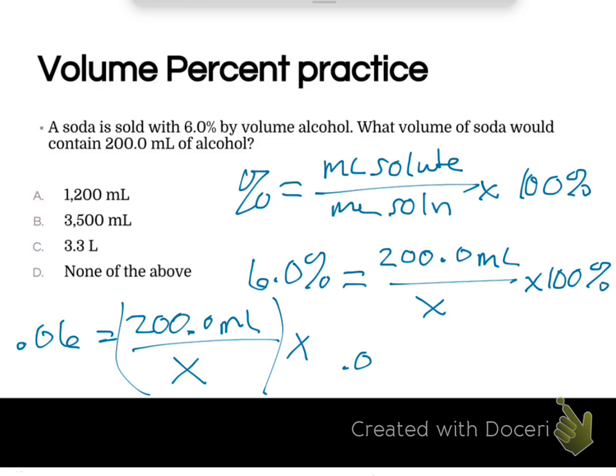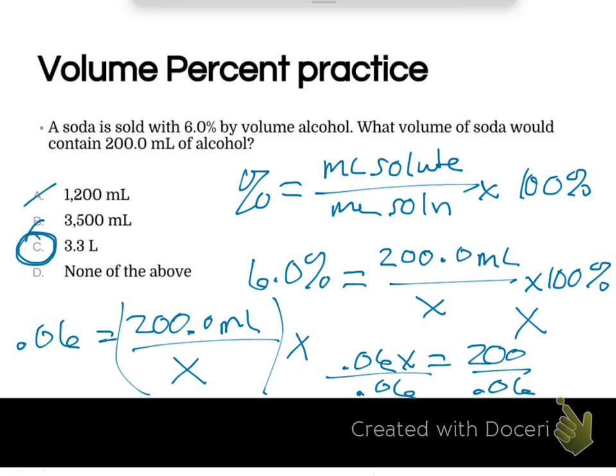And so we get 0.06x equals 200 mils. And then I've got to divide by 0.06. So here x equals 3,333.33 milliliters, which is not a choice. This one's close, B is close, but if I convert it to liters, it would be that.